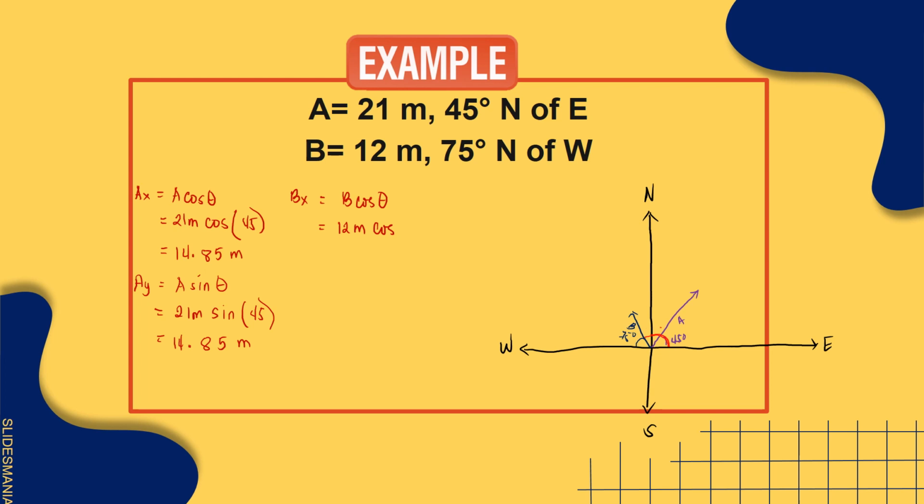That is equal to 105. So the angle that we are going to use for the Bx and By is 105. Okay, so 12 meters cosine 105 is equal to negative 3.11 meters. I repeat, in getting the angle, that should be relative to the x-axis.